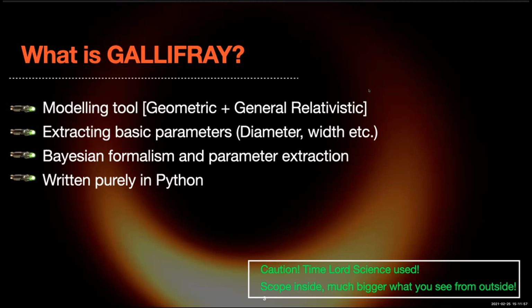We use Bayesian formalism for the parameter extraction, and this whole thing is written in Python. Due to the time constraint, you might think this has limited scope, but like the Tardis, it might look small from the outside but is actually bigger on the inside.